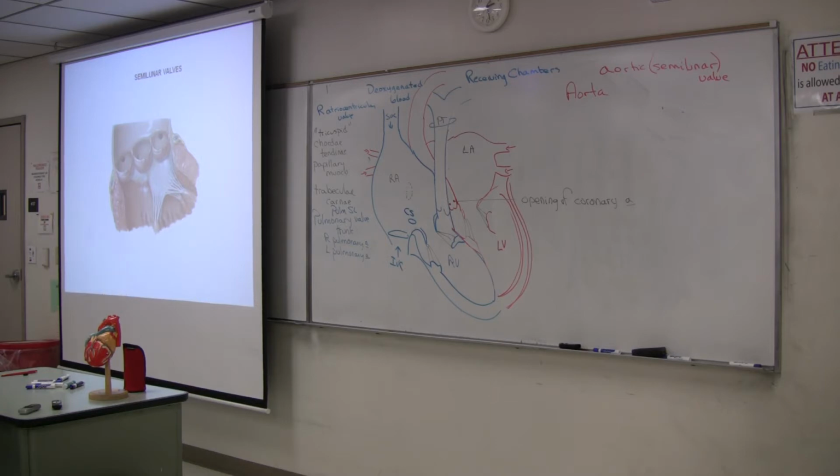But you're still getting a shorter rest period and a shorter time that blood can flow into those coronary arteries. So if you have coronary artery disease, you're not going to get enough oxygen flow, ischemia, angina pectoris or chest pain result. Okay?